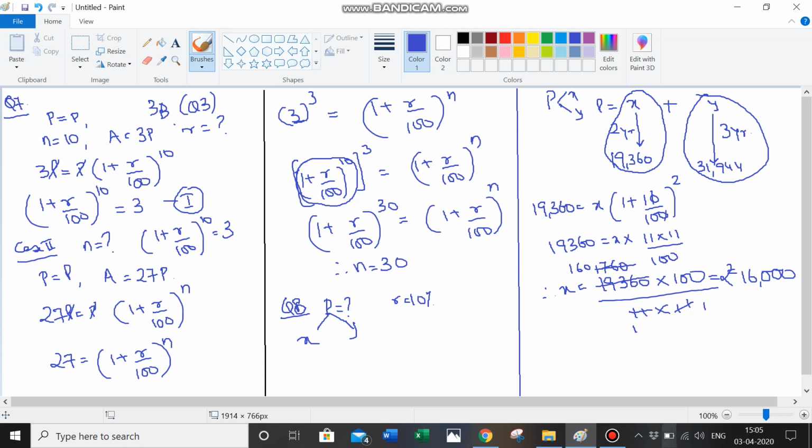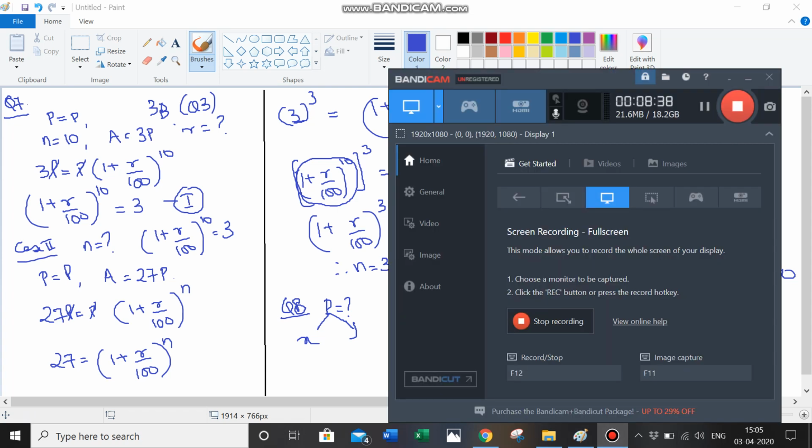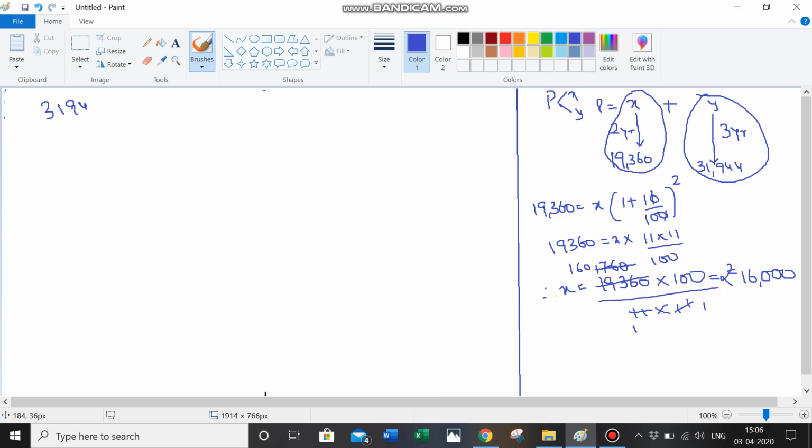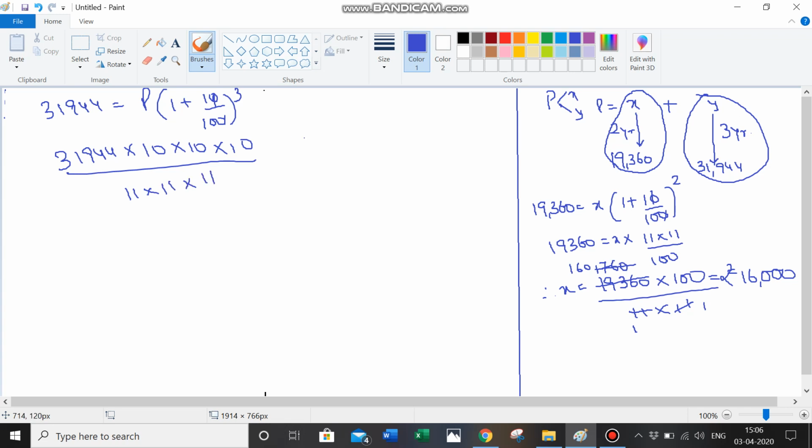Now let's calculate the second part. For the second part, 31,944 is equal to P times 1 plus 10 upon 100 raised to the power 3. So 31,944 into 10 into 10 into 10 upon 11 into 11 into 11 will be equal to P. In this case, I shouldn't write P, I have taken it as Y. So it is equal to Y. If I do this calculation, I get my answer as 24.